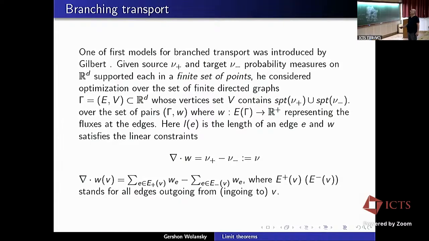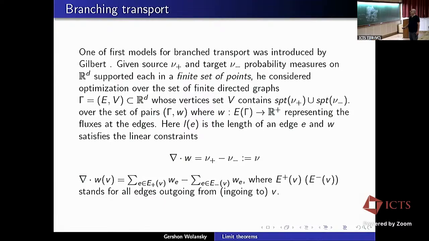Of course, I meant that the graph is a directed graph. So for each edge, we assign a direction also. So we have E plus and E minus at V. This is the outgoing and ingoing edges.